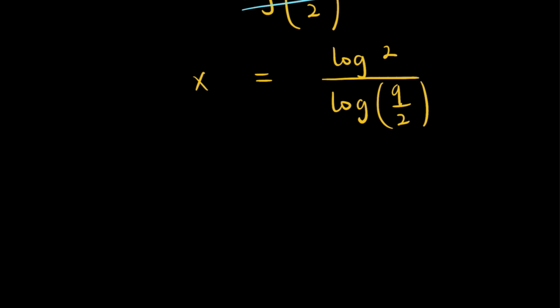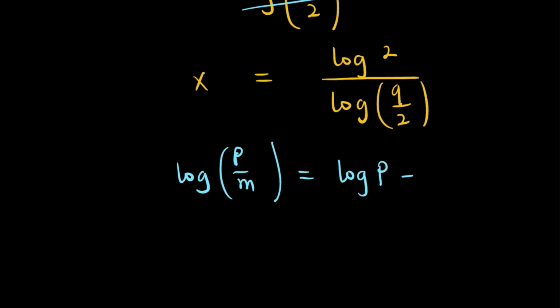By law of logarithm, given log p divided by m, we can also write this as log p minus log m.